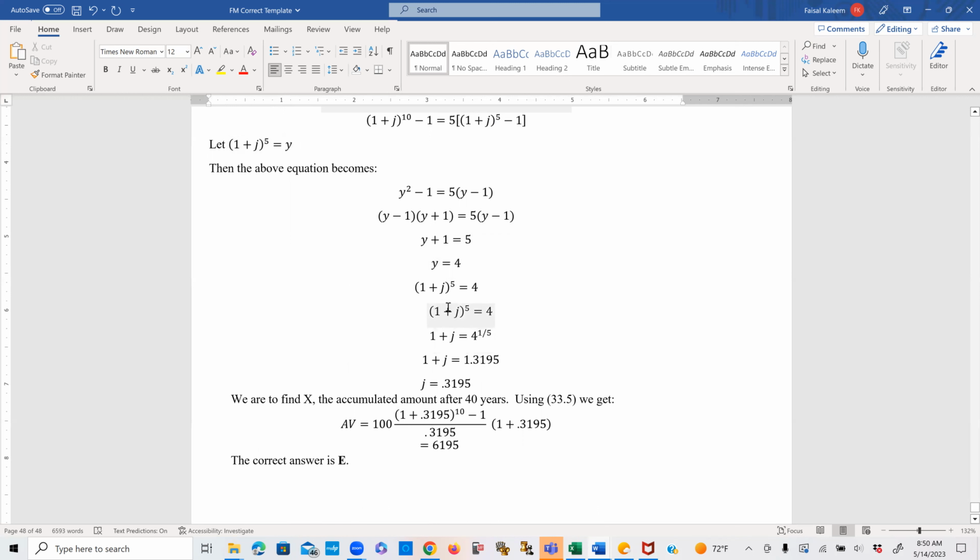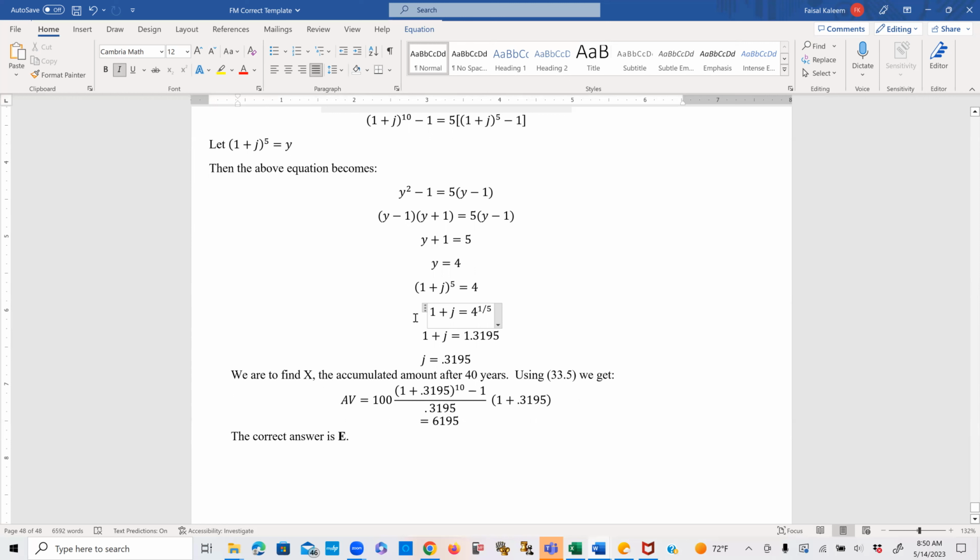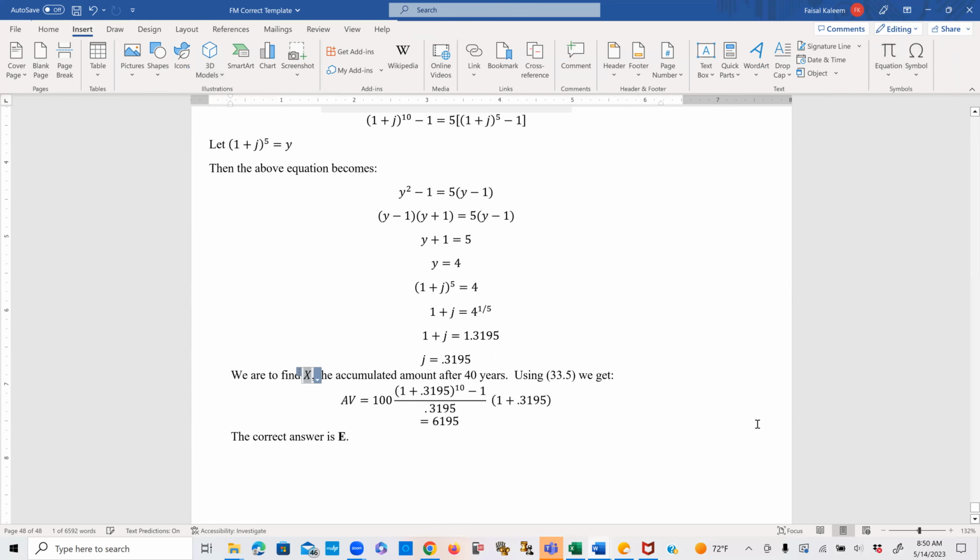And we now take the fifth root. So 1 plus J would be 4 to the power 1/5, which is 1.3195, and then J would be 0.3195. And the question was to find X, which is the accumulated amount after 40 years.